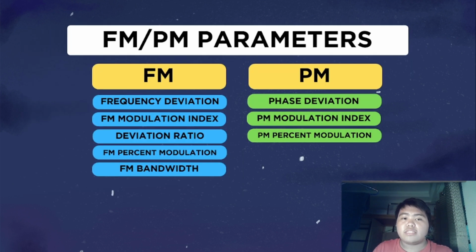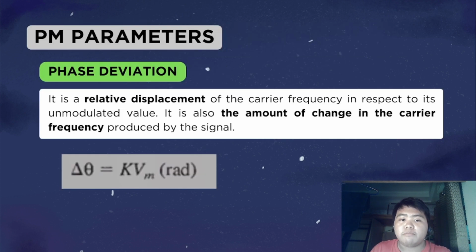Now that we have discussed the FM parameters, we also need to discuss the PM parameters, which are the following: phase deviation, PM modulation index, and PM percent modulation. The first parameter we need to consider is the phase deviation, which is the relative angular displacement of the carrier phase in radians with respect to the reference phase.